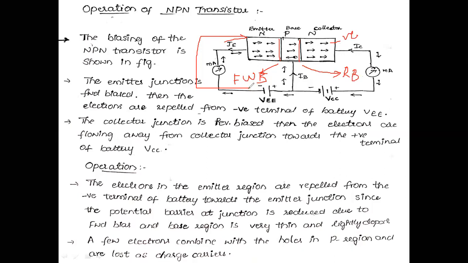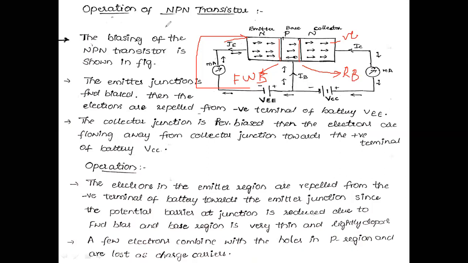Negative as well as negative is going to be repelled here. Therefore, some of the charge carriers will flow in this direction. But the flow of current is taking place from the emitter to the base as well as the collector.